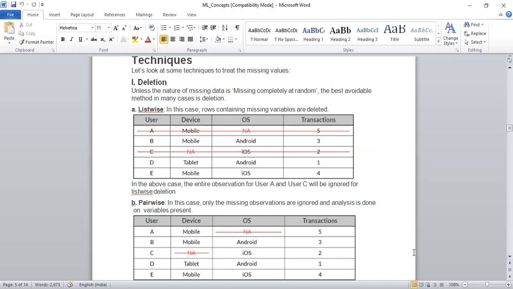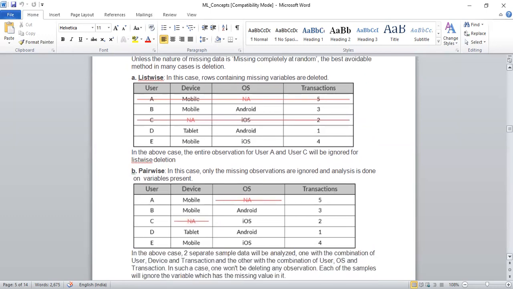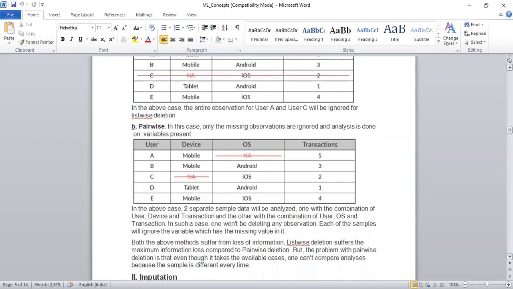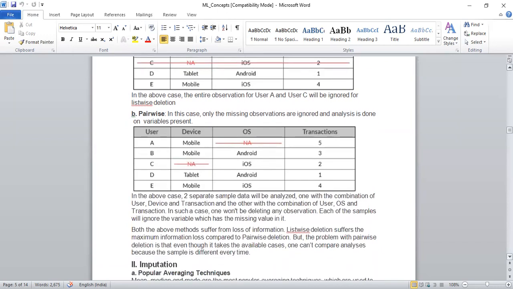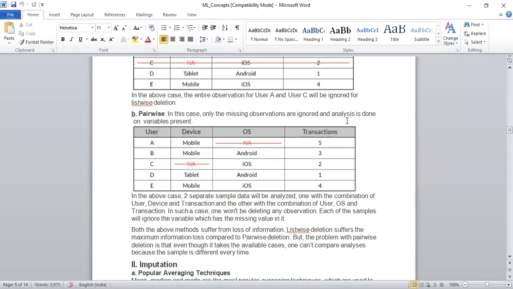So what is pair-wise deletion? In this case, only the missing observations are ignored and analysis is done on variables present. You have to consider the variables present, but you have to delete the missing values. Okay, you have to ignore them.